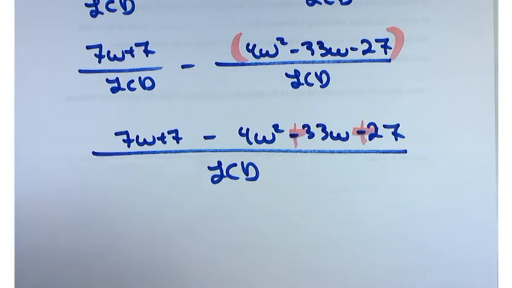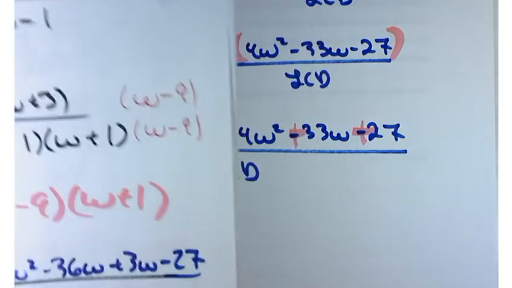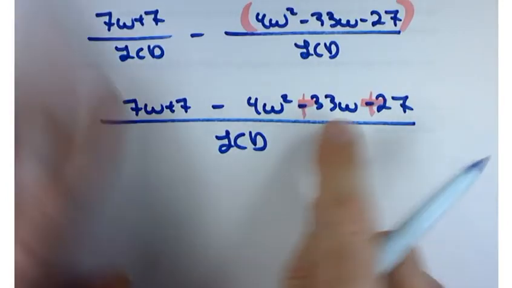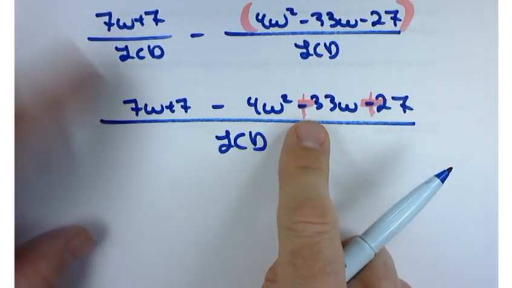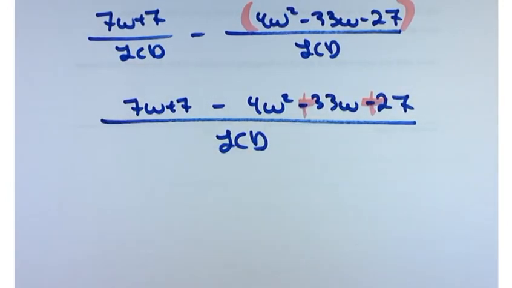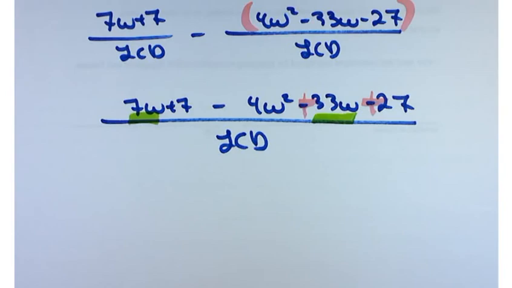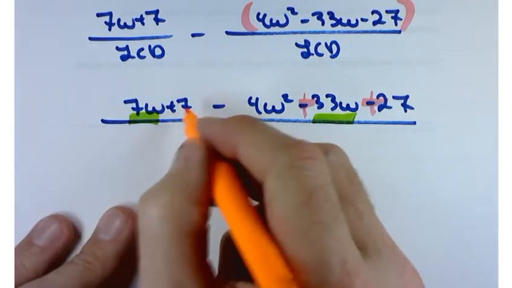Here. Well, I guess I ended the same thing here. Last but not least, I've got like terms that I can combine. There's like terms here. And there's like terms here.